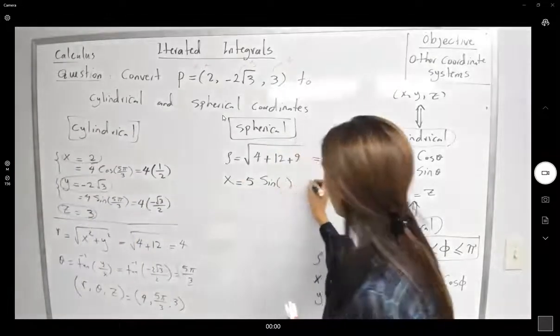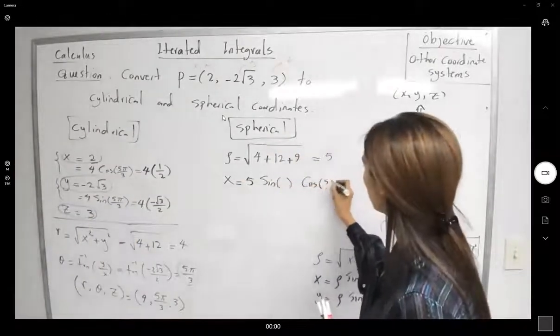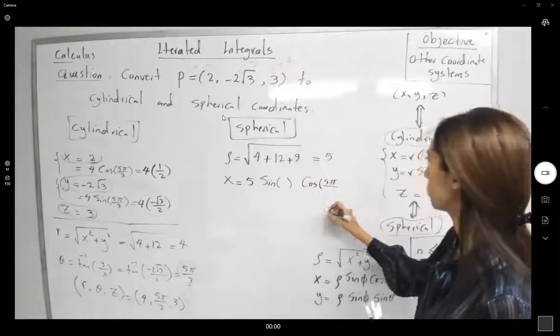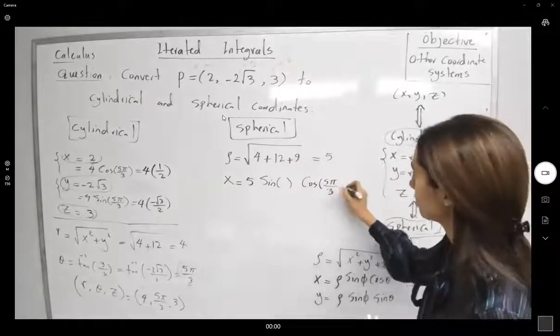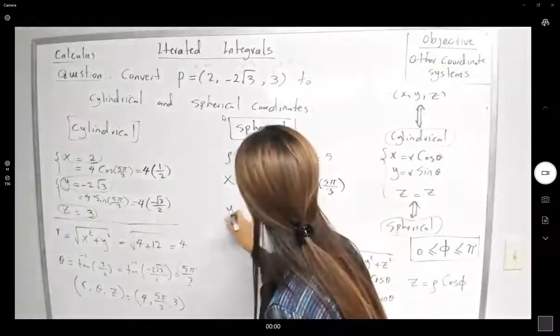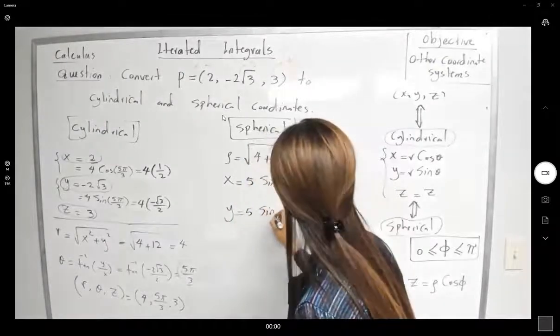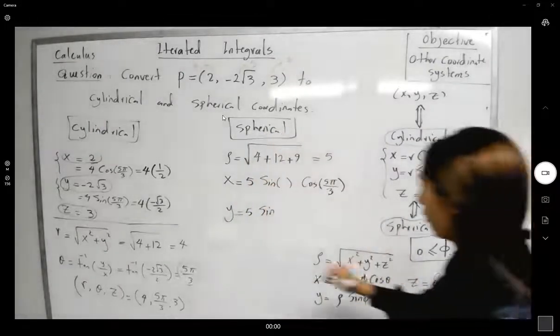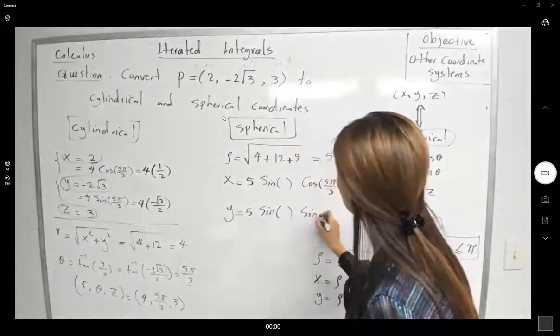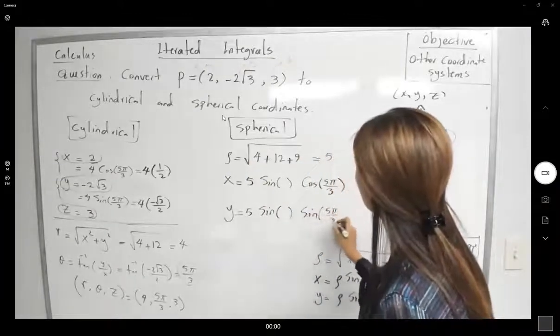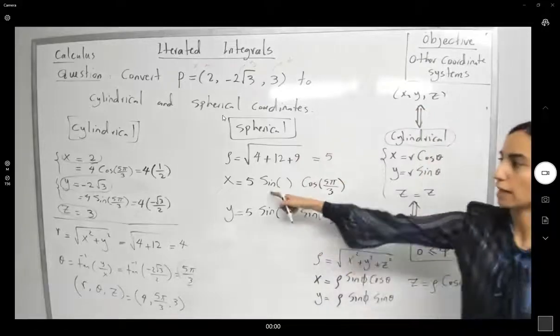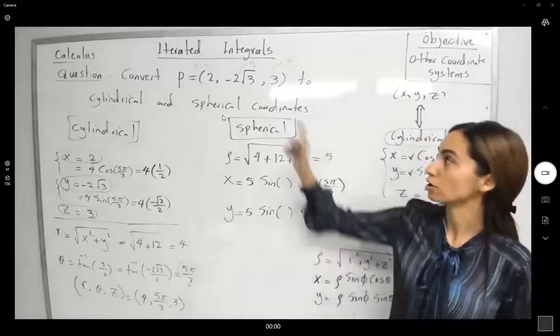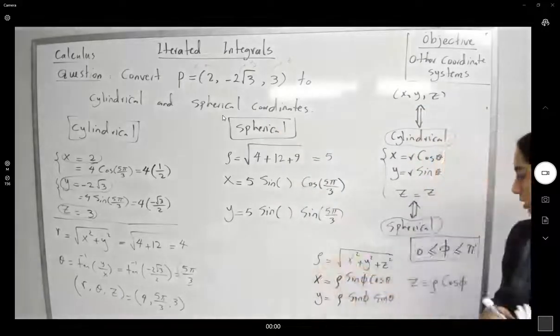Sine phi and cosine of 5 pi divided by 3. And my y is 5 sine phi, sine of 5 pi over 3. If you write it this way, then the calculation on the right-hand side and the calculation on the left-hand side are all equal to each other.